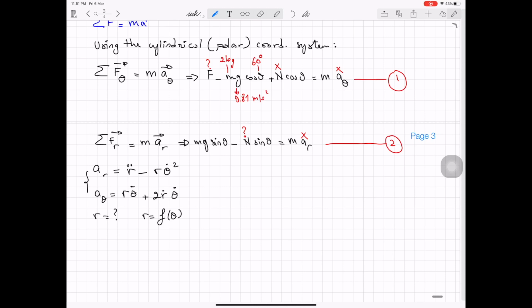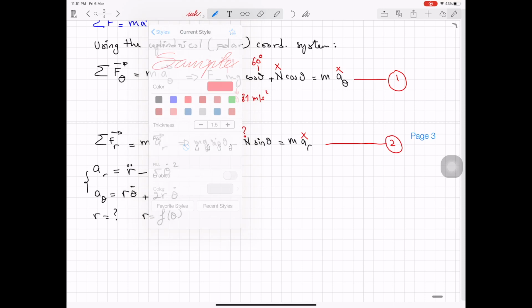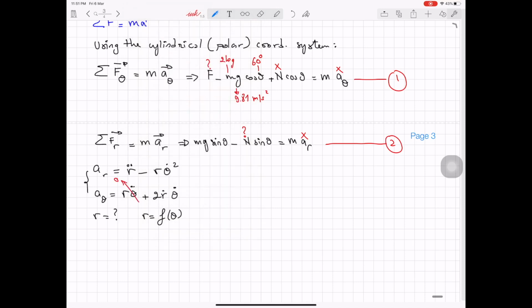I will be able to calculate R dot and R double dot. Theta dot is given to me. It is equal to 0.5 radians per second. It is constant, so this guy will go to 0. The second derivative or the angular acceleration goes to 0. So we have theta dot is equal to 0.5 radians per second.